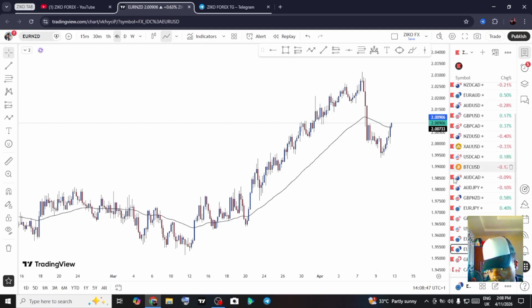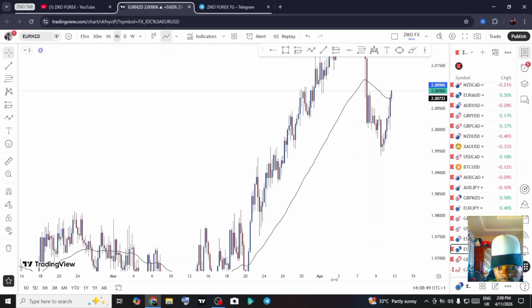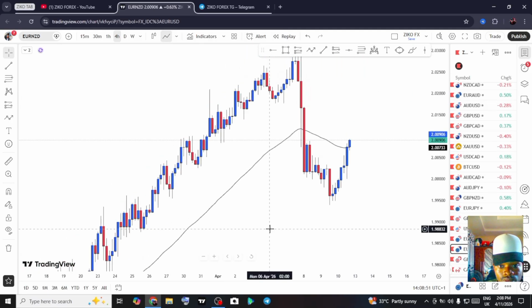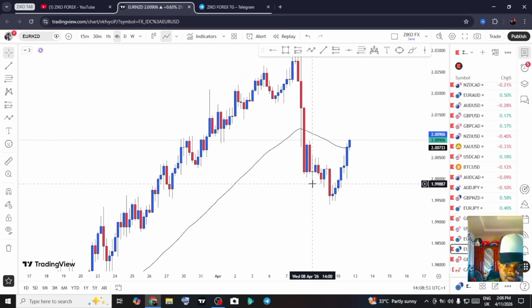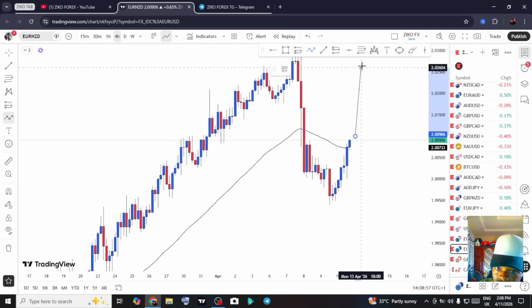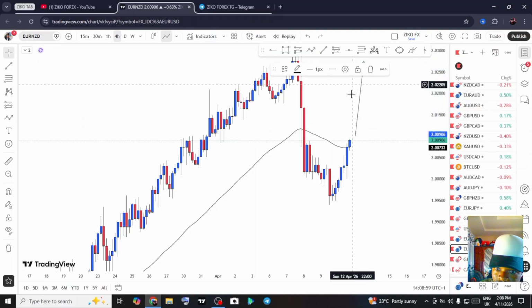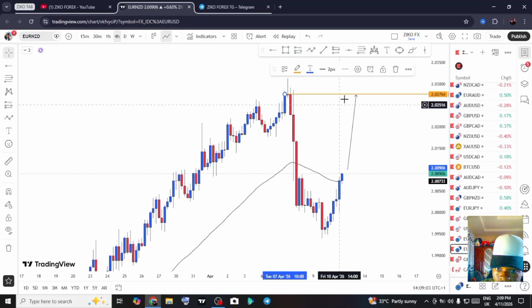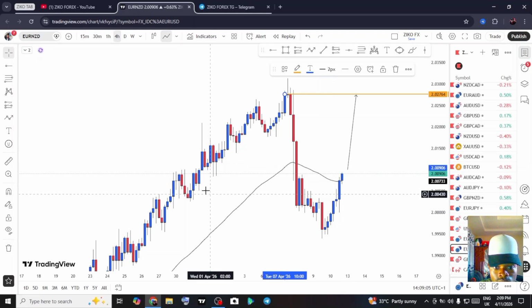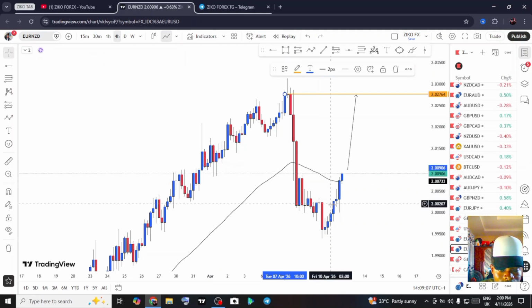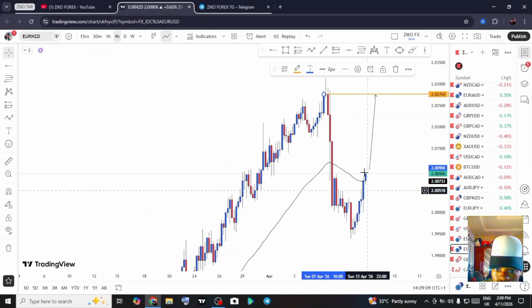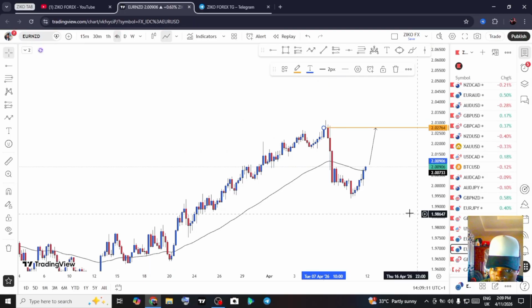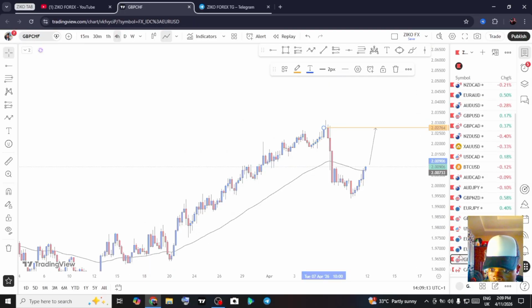All right, also no clean area of interest on the 4-hour time frame. So again, we are not going to be taking this market, but I actually believe that this market could potentially trade all the way to this level right here, all the way to these structural points right here. I just wish we had an area of interest to be able to trade this, but we don't even have the area of interest, so there'll be no need to actually trade that.